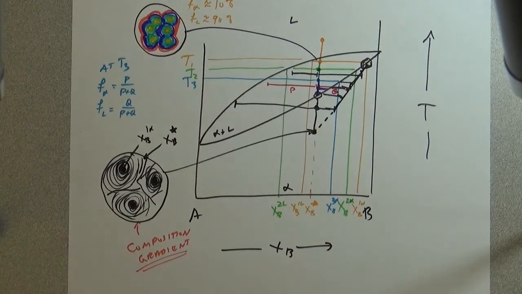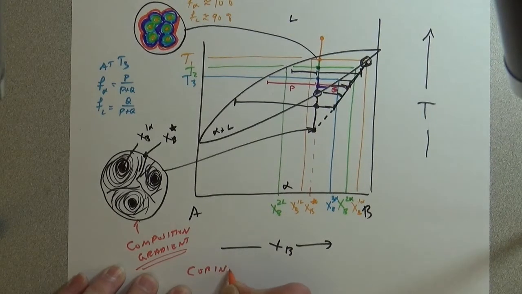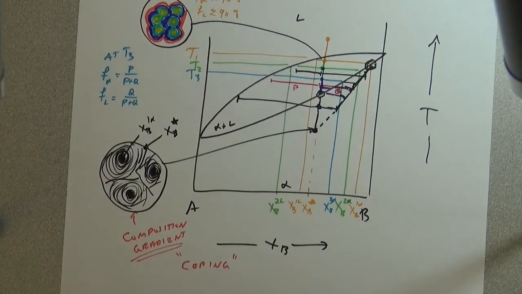And this is sometimes called coring of a crystal, meaning that it has a concentration gradient from the center to the exterior. And this is an example of how we use an equilibrium phase diagram to predict the non-equilibrium behavior.